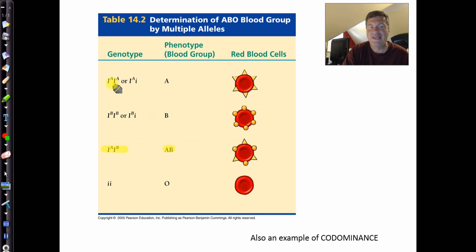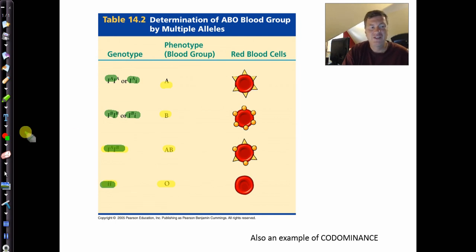If you have A, or A and O, you have blood type A. If you have B and B, or B and an O, that's blood type B. If you have 2 O's together, you have O. But again, I have 1, 2, 3, 4, 5, 6 genotypes, but 4 phenotypes.